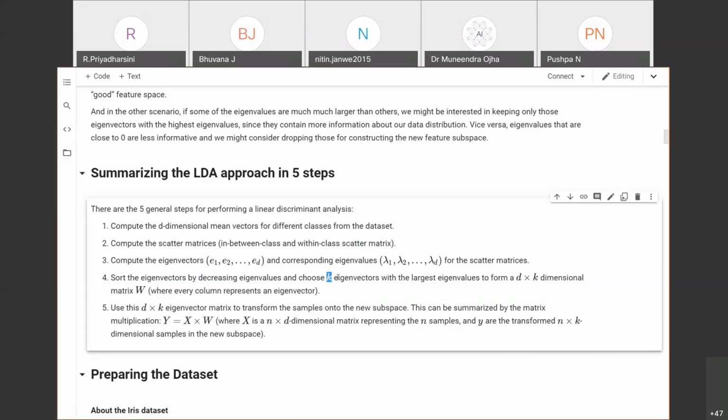Okay, k is the number of eigenvectors that you are going to retain. So if d is 100 and you want to keep 10 features only, then k will be 10. And how do you decide the value of k? We have just seen that either you choose principal components one at a time and see how much accuracy is increasing, or you choose the variance explained, or you implement the scree plot and find the elbow.